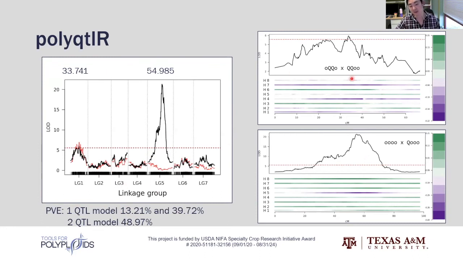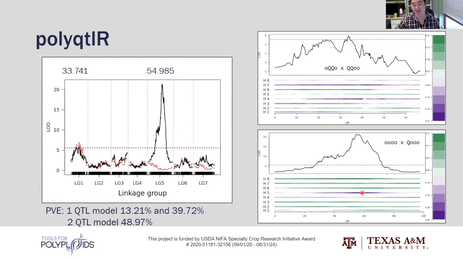And this is how PolyQTLR displays its allele effect. H1 through H4 is from SW, which is Stormy Weather, and H5 through H8 is from BE, or Bright Eyes.